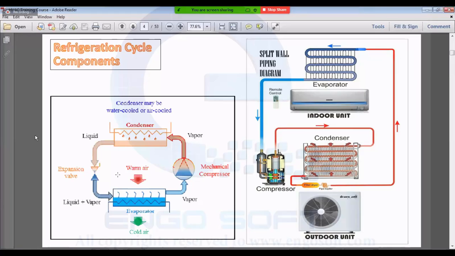Okay, so when we change the refrigerant from the liquid to the vapor phase, this is the vapor phase. Is the refrigerant hot or cold?